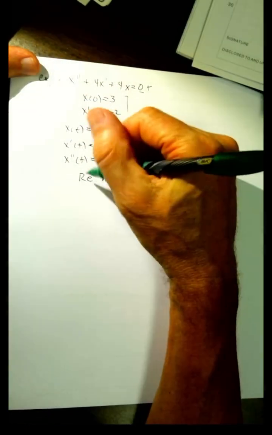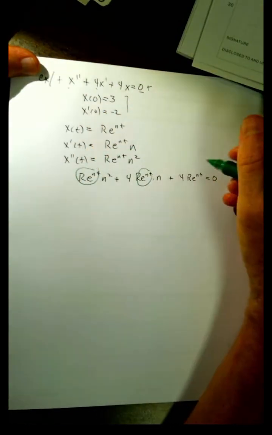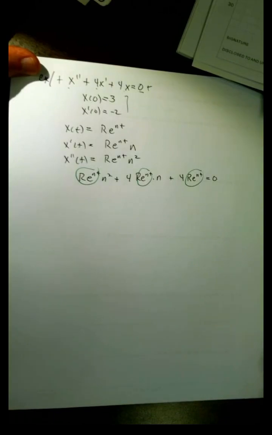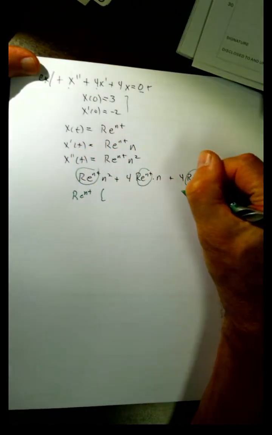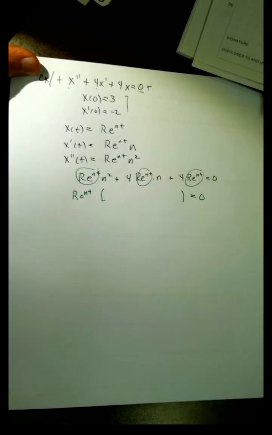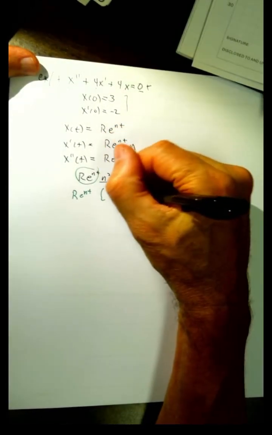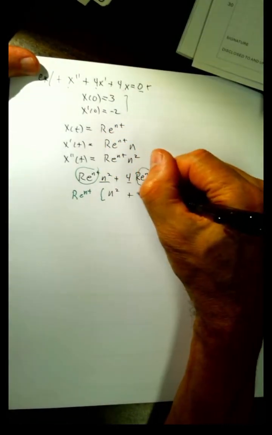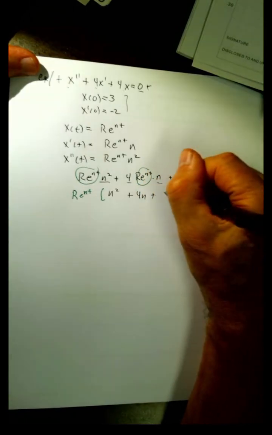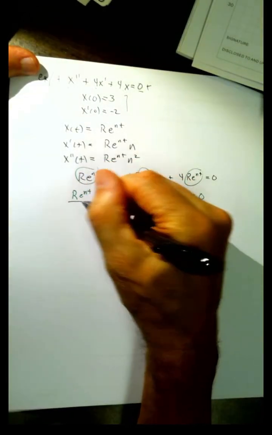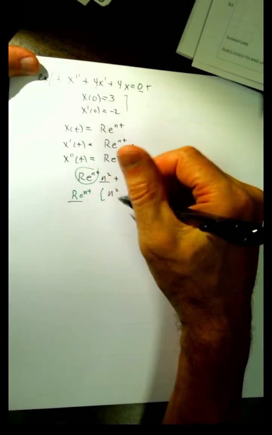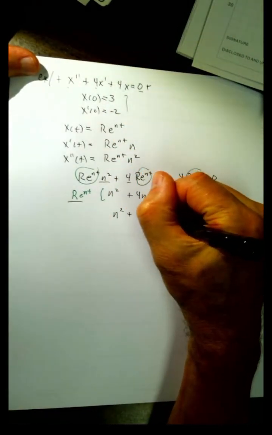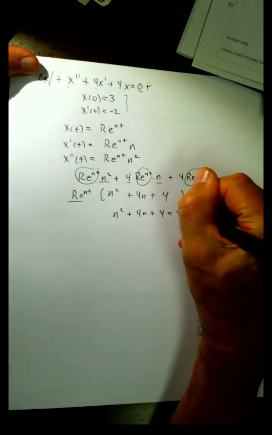And notice re to the nt is in each term, so I can factor that out. And when I factor that out, what's left is n squared plus 4n plus 4. I don't want r to be 0 because that would mean that x is 0, and that's not helpful. So the thing that's left is that.